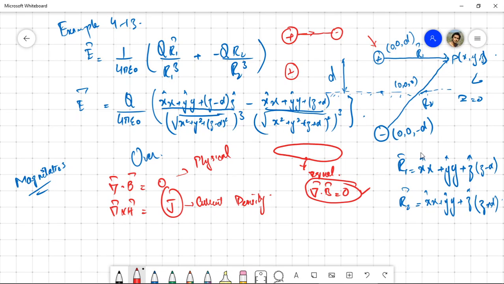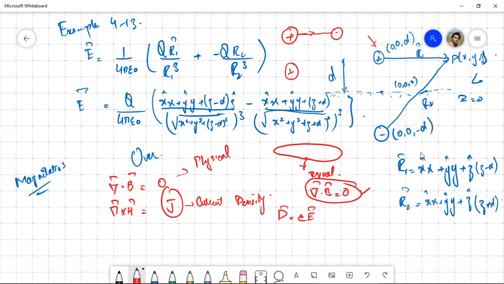So these were the two basic postulates related to magnetostatics. While dealing with electrostatics, we came to know that D, the electric flux density, is equal to epsilon E, and for that equation we adopted the assumption that epsilon will be taken as a scalar quantity and always a constant value, because we assume our material will always be isotropic, homogeneous material, and the value of epsilon will not change.